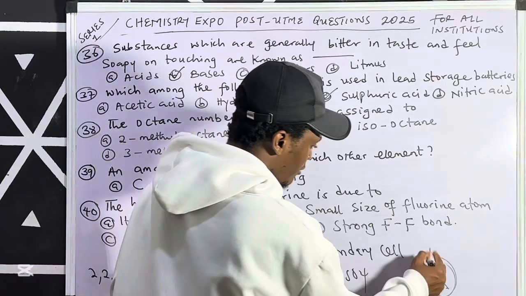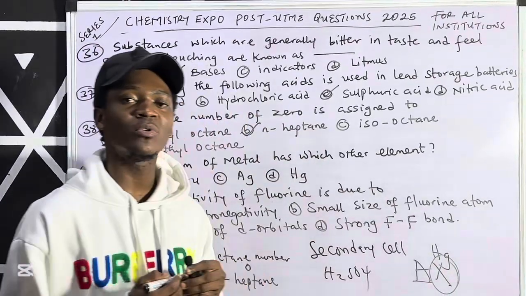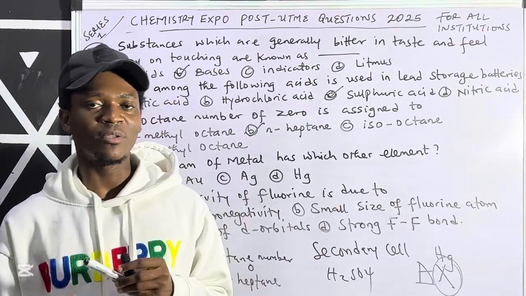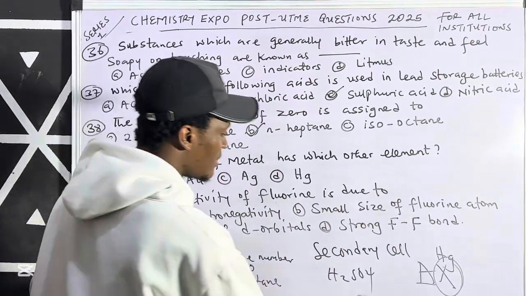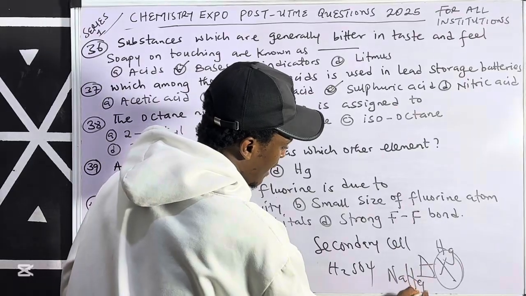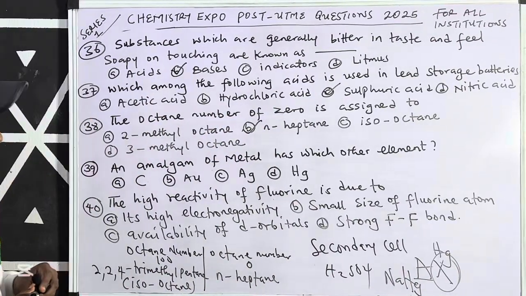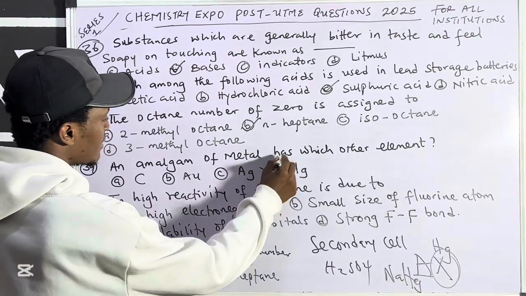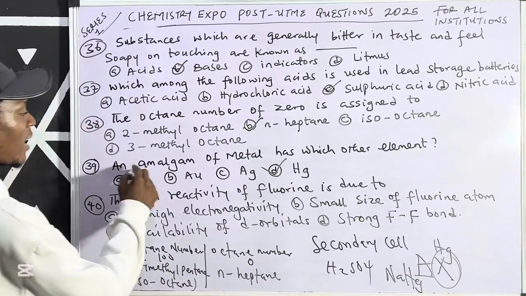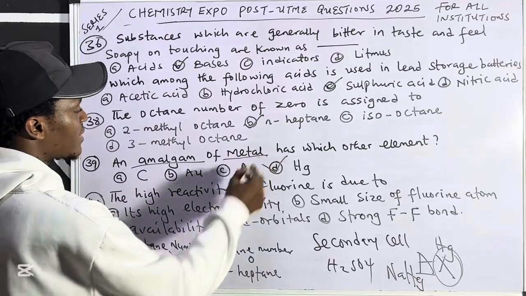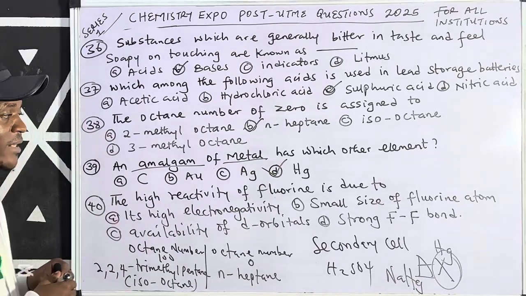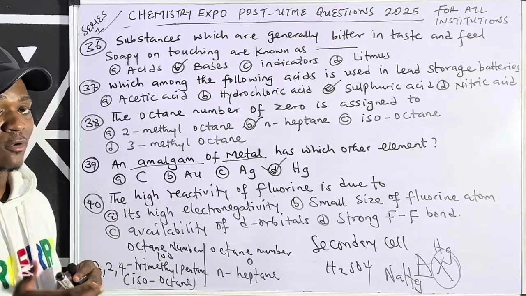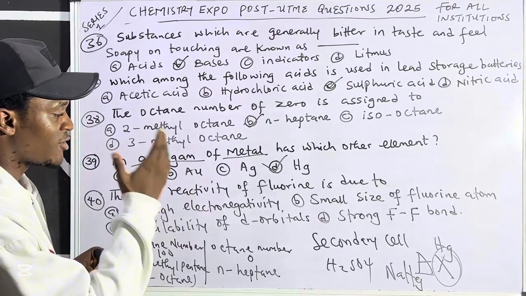So mercury, Hg, combines with a metal to form the amalgamated form of the metal. A classical example is sodium amalgam, which is amalgamated sodium. So the correct answer to this question is option D. When you hear the word amalgam in combination with a metal, just know that what is combining with that metal must be mercury. So don't forget that. And of course, the symbol of mercury is Hg.